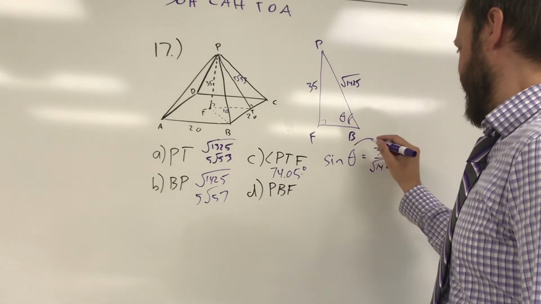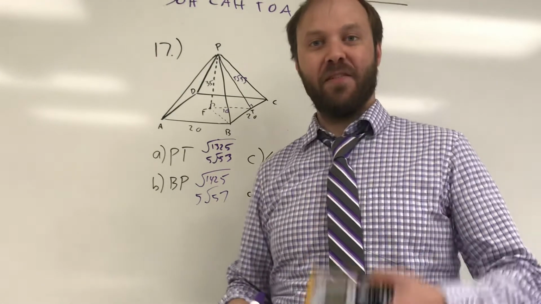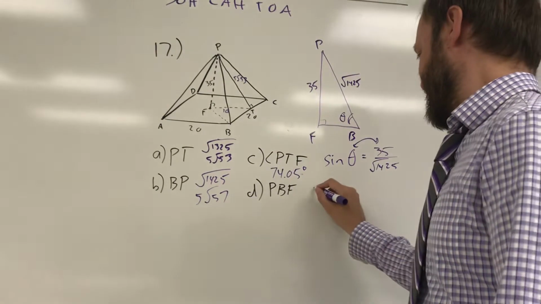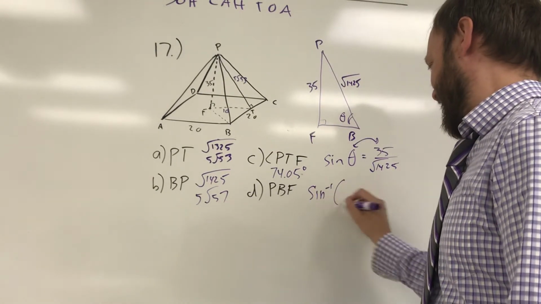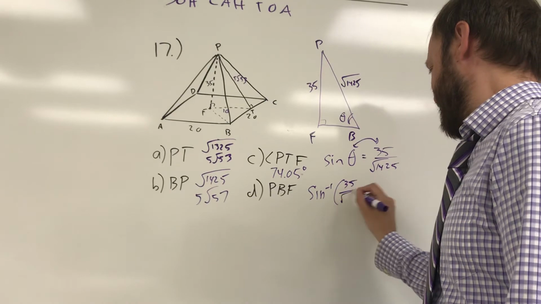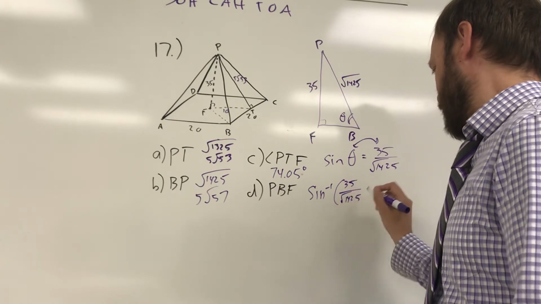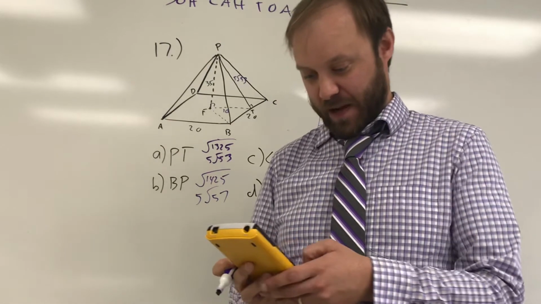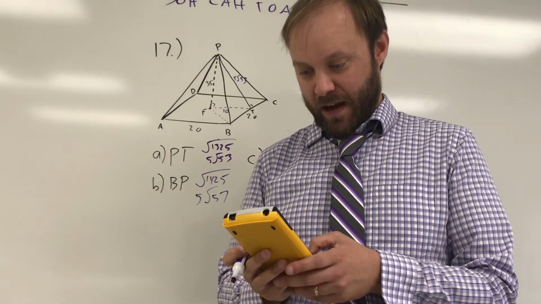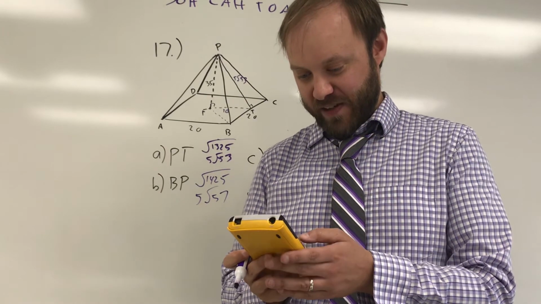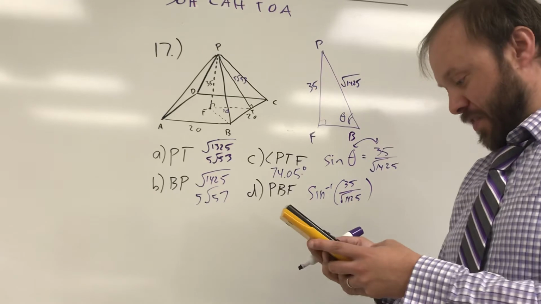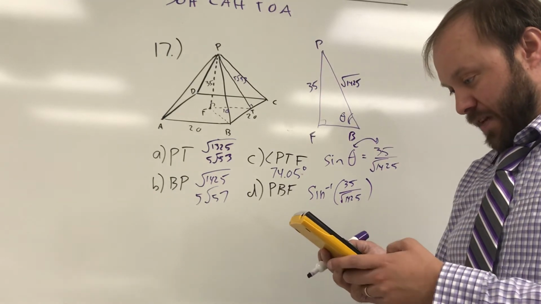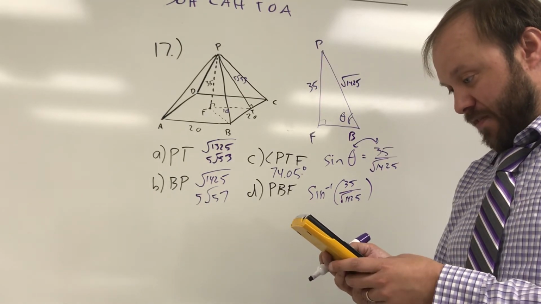Once again, we don't have the angle. We're looking for the angle, so you're going to have to use the inverse sine function, or the arc sine. So take the inverse sine of 35 over radical 1425, and I will type that in. Don't forget the radical. Don't forget to hit the second button before you hit the sine. And that's going to be 35 over radical 1425.